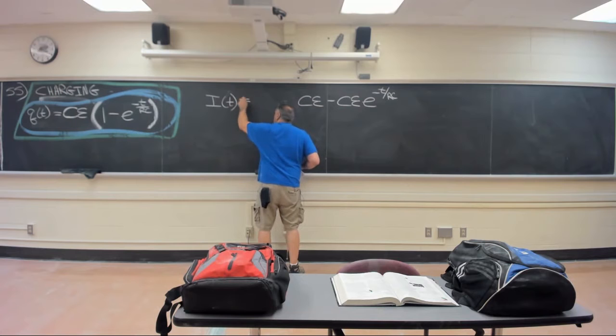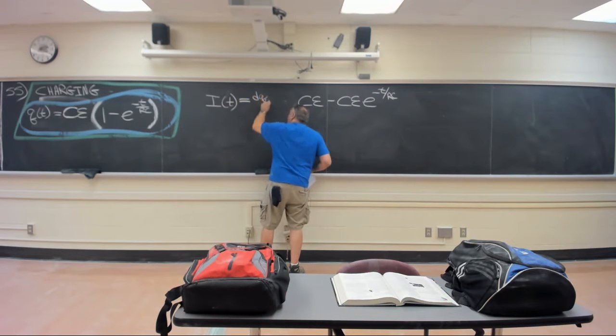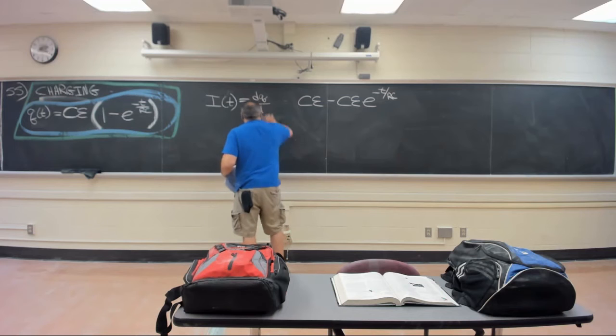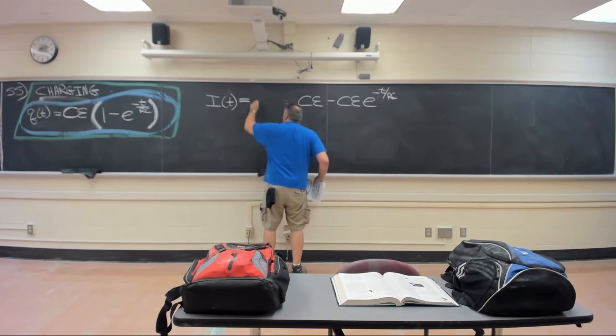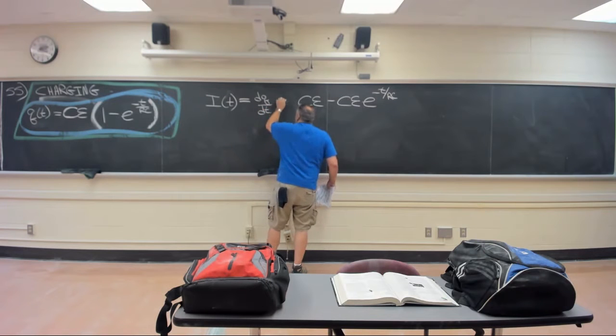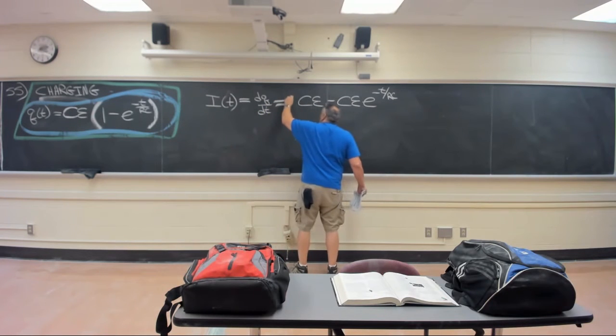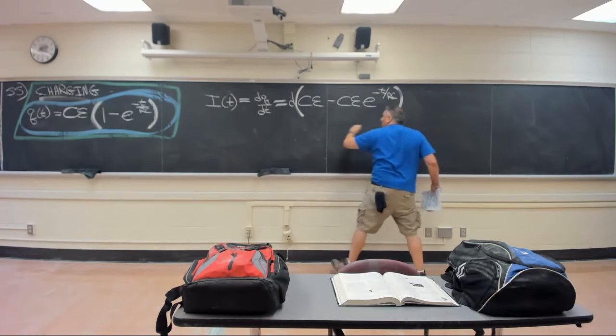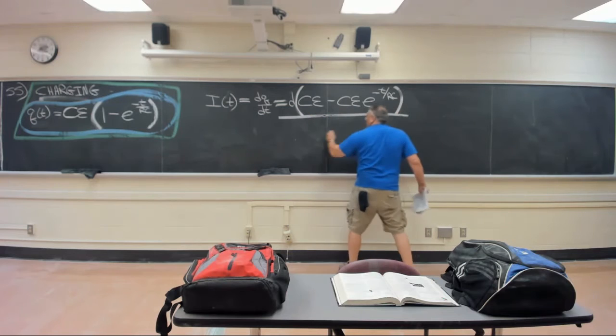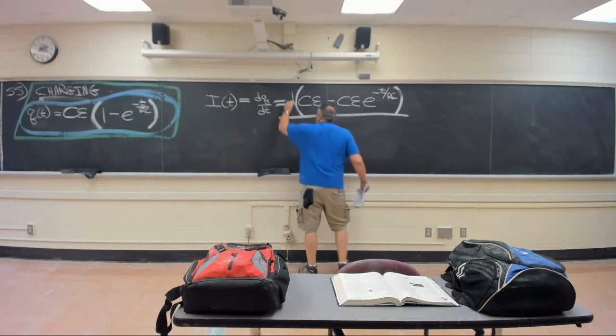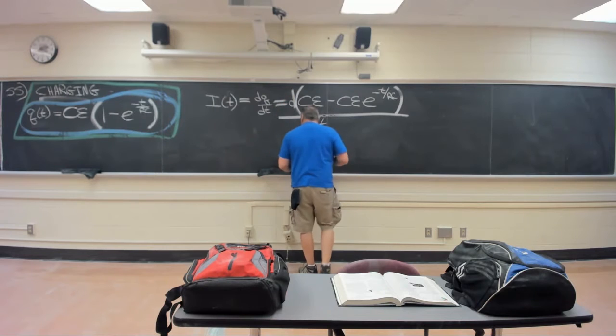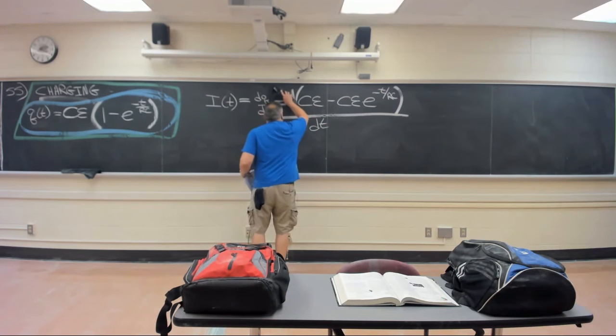So let's see what we got here. dq dt is going to equal d dt of this.